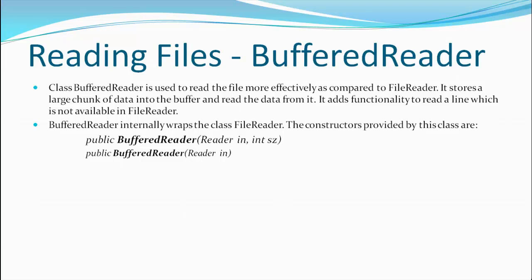We have the following constructors in the BufferedReader class. The first flavor of BufferedReader takes two arguments. The first one is a Reader and the second one is an integer. The second flavor of the constructor BufferedReader is as follows.